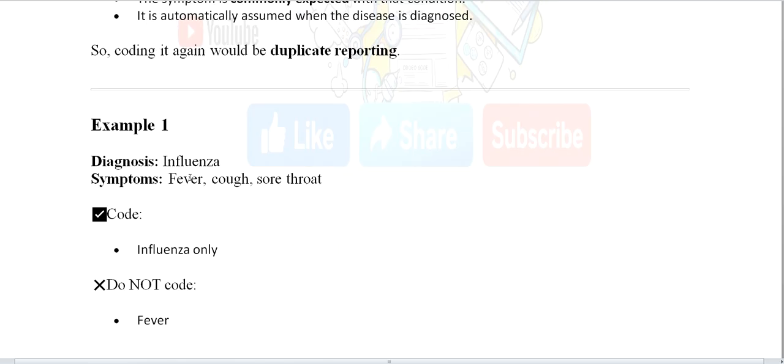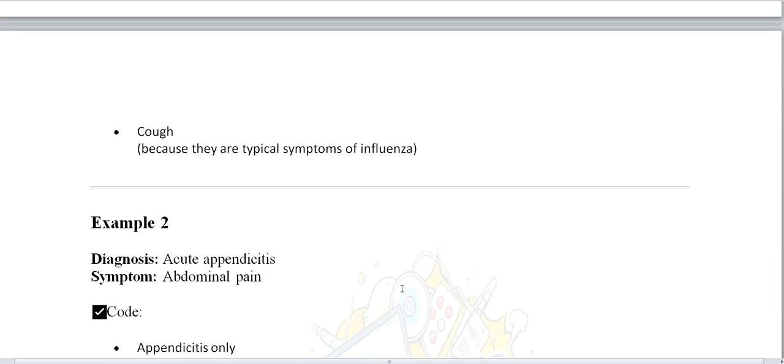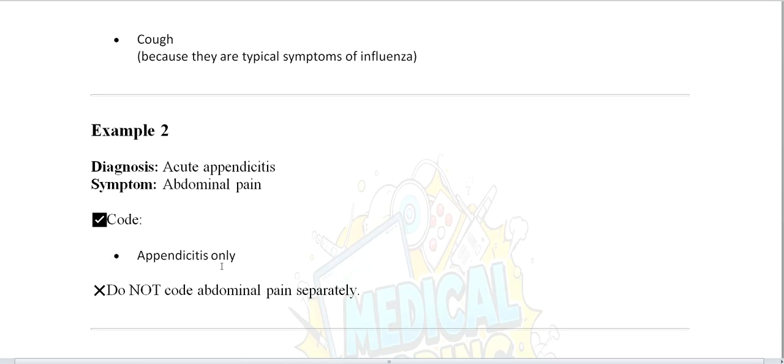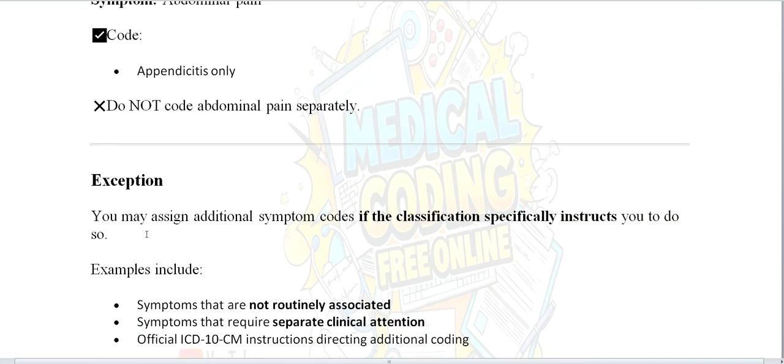For example, diagnosis of influenza, symptoms are fever, cough, sore throat. Code influenza only, do not code fever and cough, because they are typically symptoms of influenza. For example two, diagnosis acute appendicitis, abdominal pain. Code appendicitis only. Do not code abdominal pain separately. Exception: you may assign an additional symptom code if the classification specifically instructs you to.